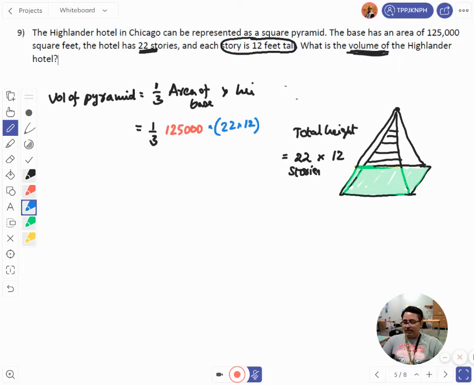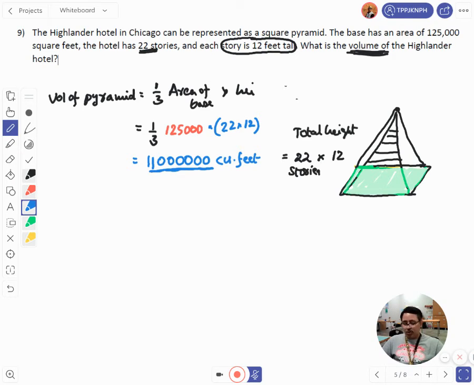Oh my gosh, such a large number. So, how many zeros? 1, 2, 3, 4, 5, 6. Anyhow, we are computing the volume. So, cubic feet. So this is the volume.